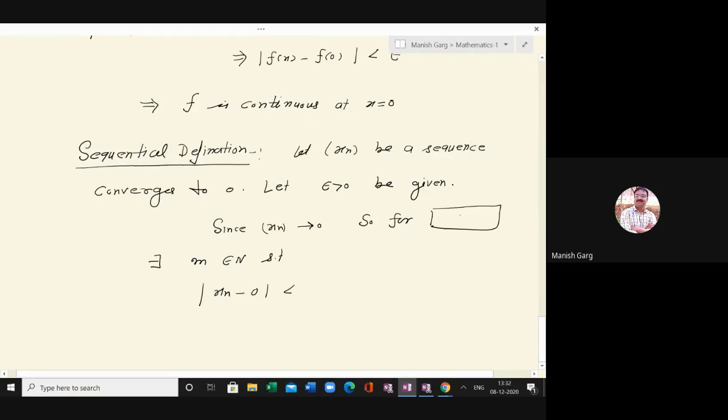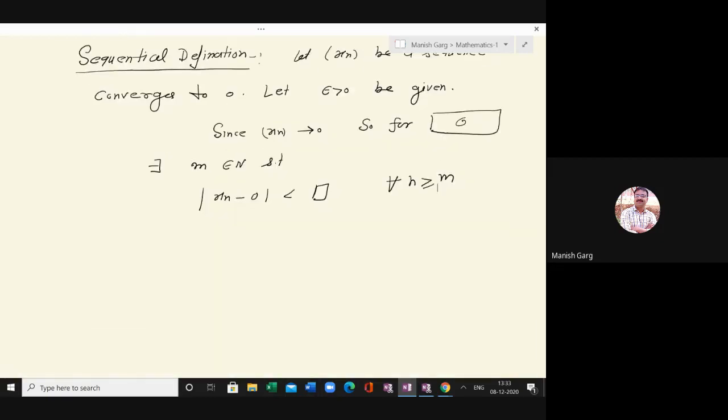Here you can write anything, so I am leaving this blank, for all n greater than m. Clear? I will fill this later.